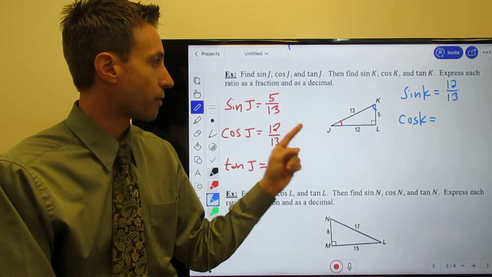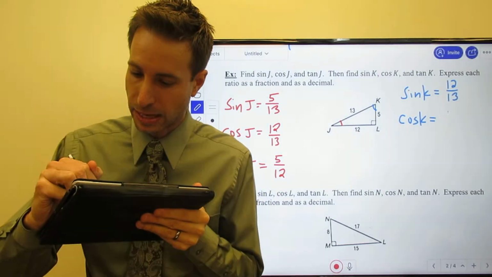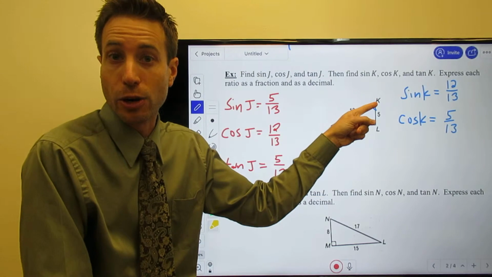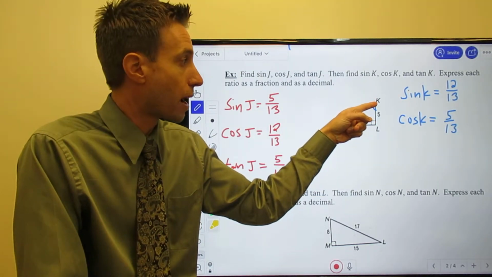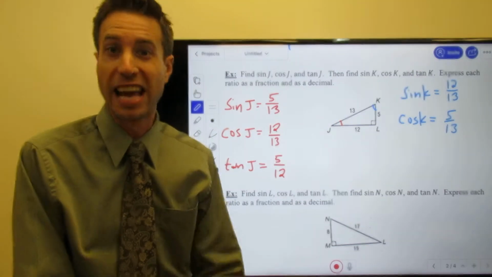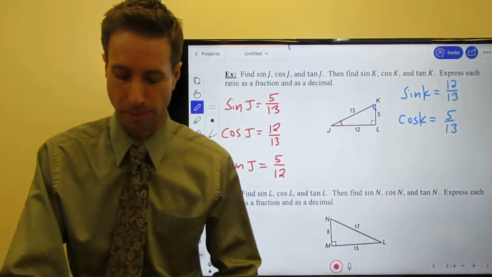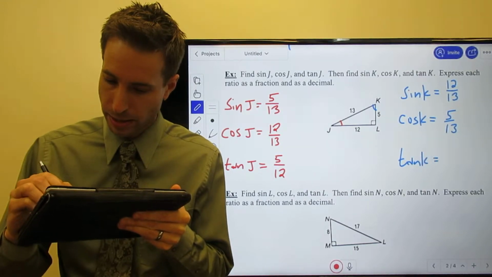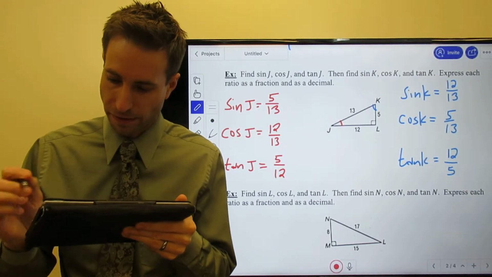Sine of J was 5 over 13, so cosine K has got to be 5 over 13. Check it, see if it works. Here's my angle. I know cosine is adjacent over hypotenuse. Adjacent, 5, hypotenuse, 13, 5 over 13. And the tangent's the easy one. Just flip them. Tangent K equals 12 over 5.